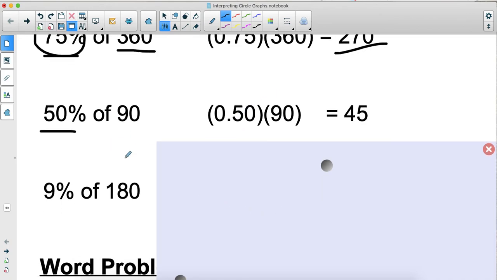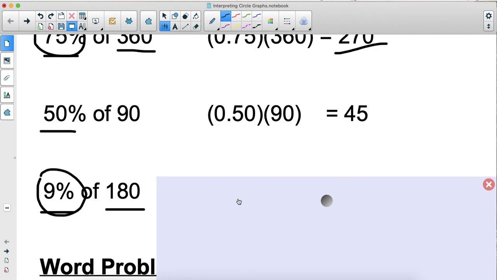So let's find out what is 9% of 180. Let's take our 9% and change it into a decimal. Think to yourself for a second, what's that decimal going to be? Okay, it's 9 per 100, so the 9 should be in the hundredths, and it is.